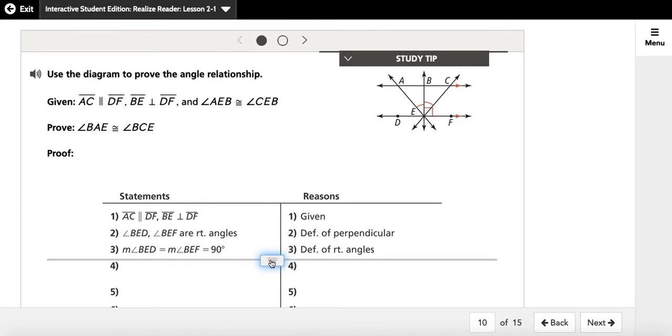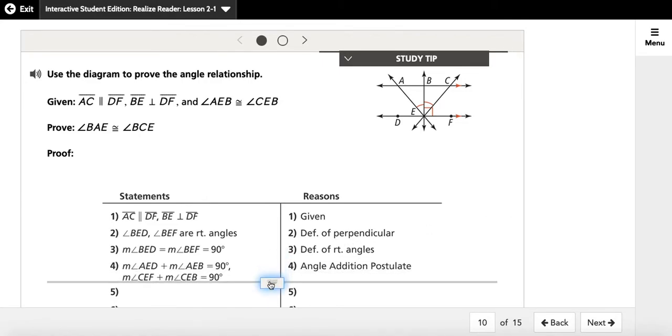We can also say if BED measures 90 degrees, then the measure of angle AED plus the measure of angle AEB equals 90, because the whole thing is 90. And then from the angle addition postulate, this angle plus this angle equals the whole thing.